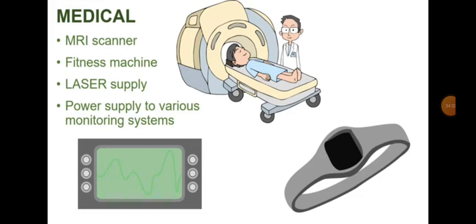This magnetic field is created with the help of large currents flowing through a particular coil. For controlling the magnetic field, we need to control the current flowing through that coil. This controlling of current is done with the help of power electronic converters.